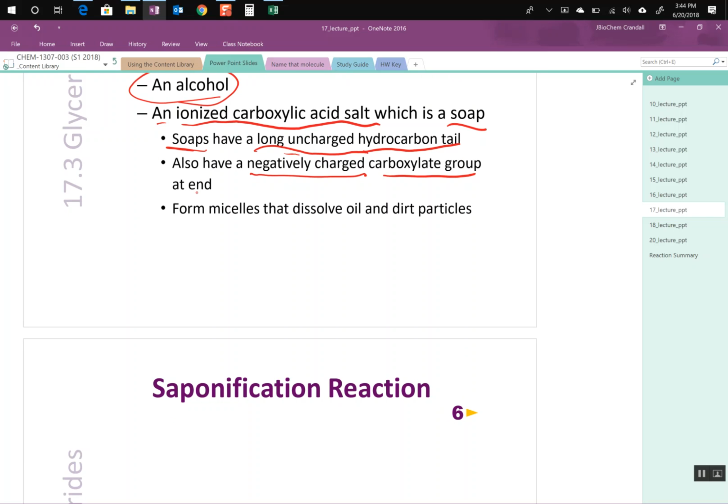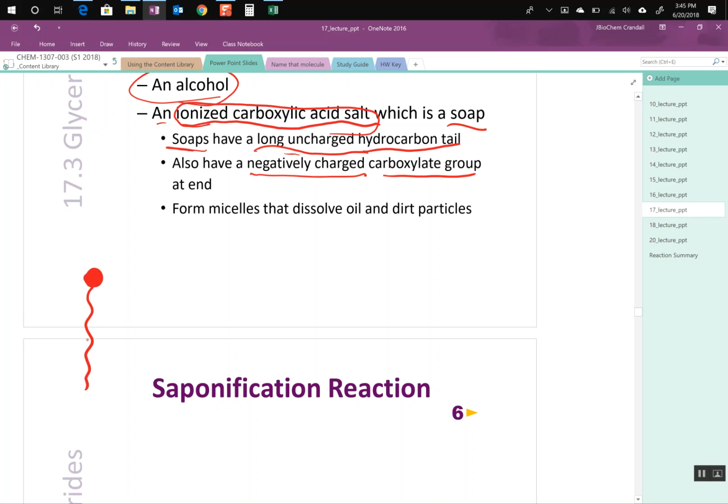Okay? So when you create these ionized carboxylic acid salts, these saponification soaps, then they're going to have these polar heads, and on the ends of them you'll have these long nonpolar tails, and it's the nonpolar tails that can dissolve grease.